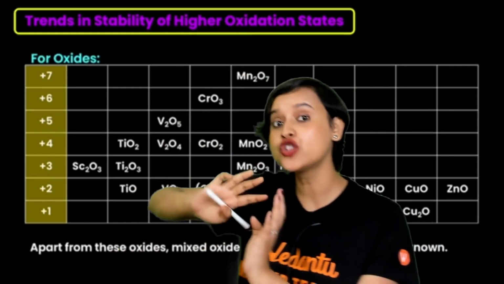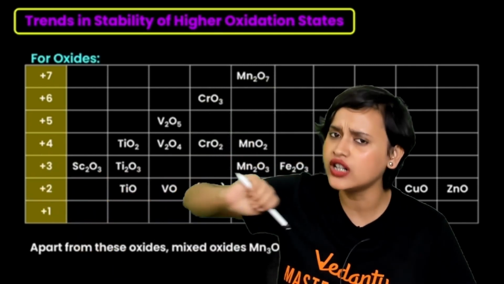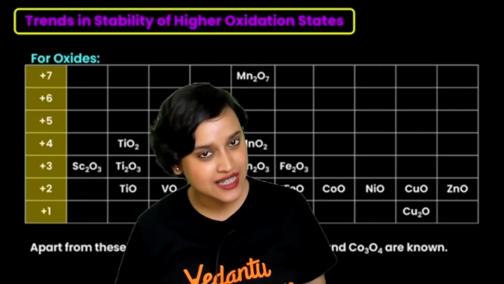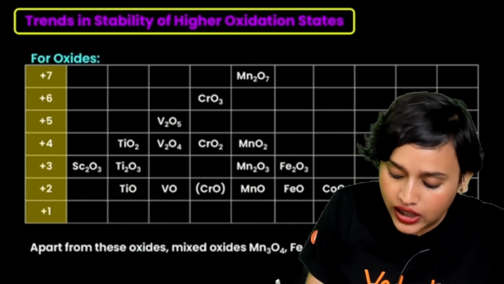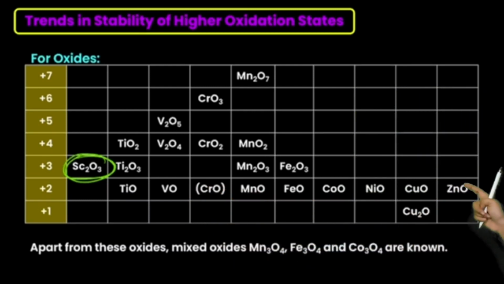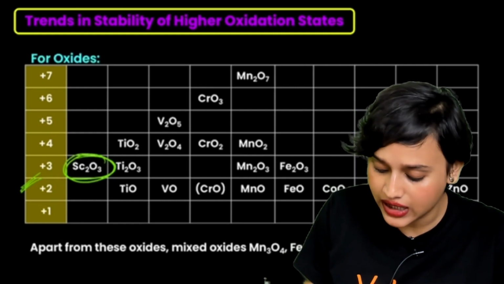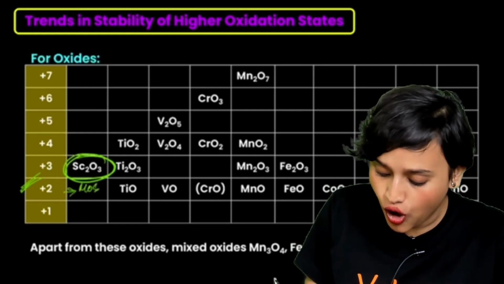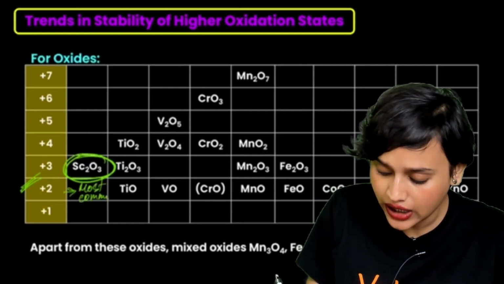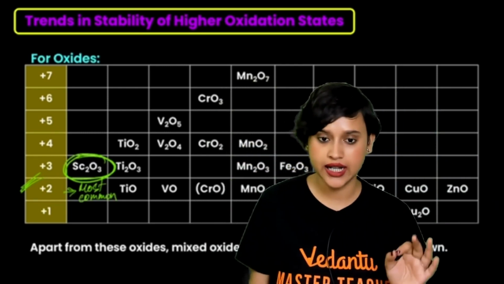It readily wants to give away that one electron present in 3d so that it can attain stability. So scandium is the only one that shows +3 oxidation state, whereas all the rest show +2 oxidation state. Everybody be very careful: the most common oxidation state is +2. Get it?